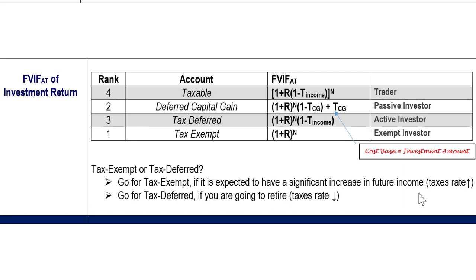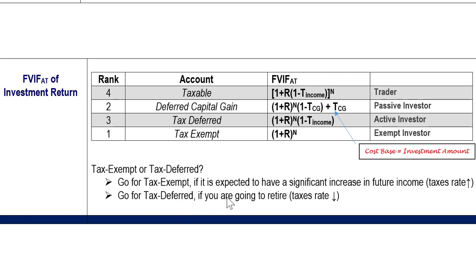Otherwise, you're going to pay a huge amount of tax. For example, some wealthy investors convert their private firm to a public firm, and so they usually have to set up some kind of tax exempt account to reduce their tax exposure.